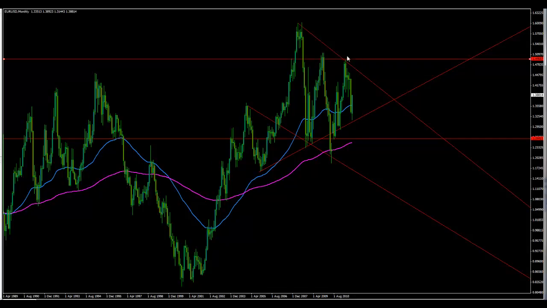And when you can begin to identify patterns, simply by drawing lines and connecting the tops and connecting the bottoms, you can begin to get a feel for what the market is doing. Well, it seems to be finding some kind of a range in here. And so now that's going to give us an idea.